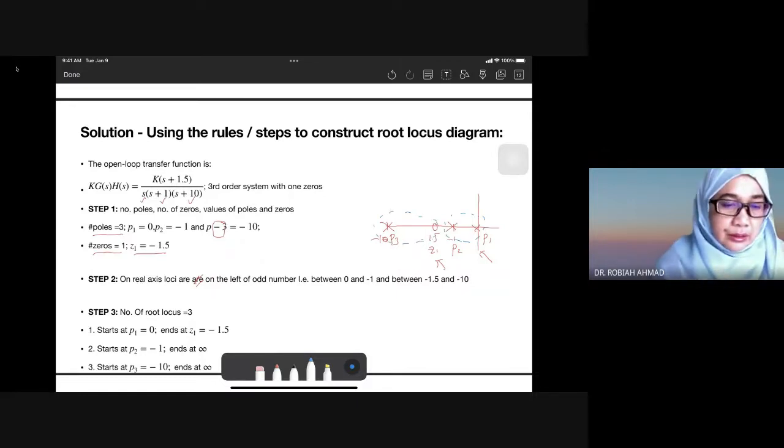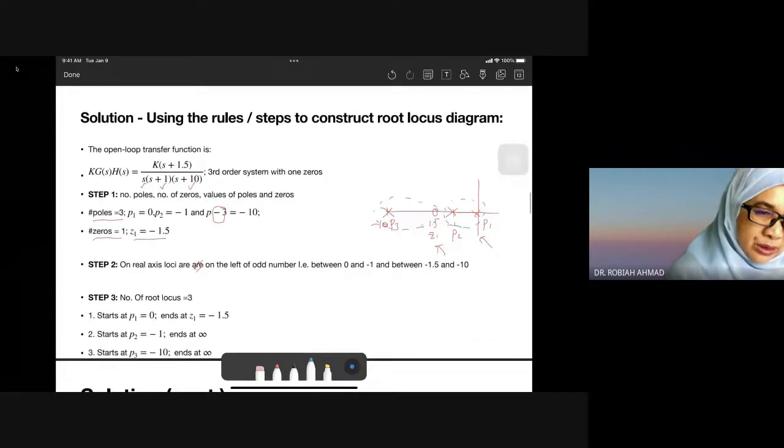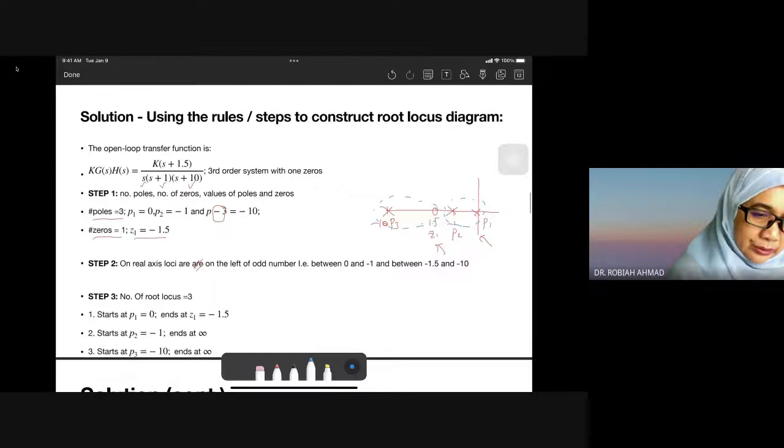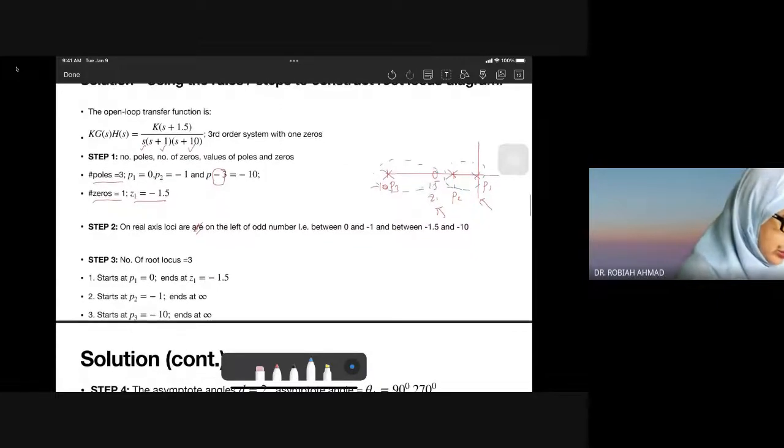And number 3, we proceed with number 3. The number of root loci is equal to the number of poles. In this case, we have 3 poles, so we have 3 root loci. The first one starts at P1, the second one starts at P2, and the third one starts at P3.